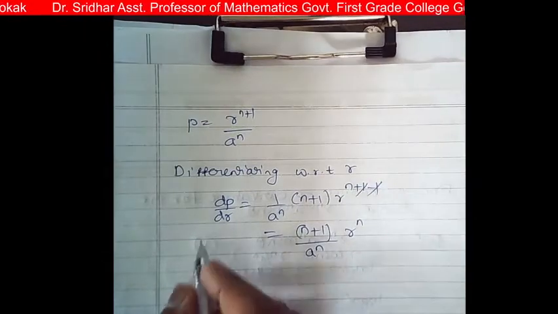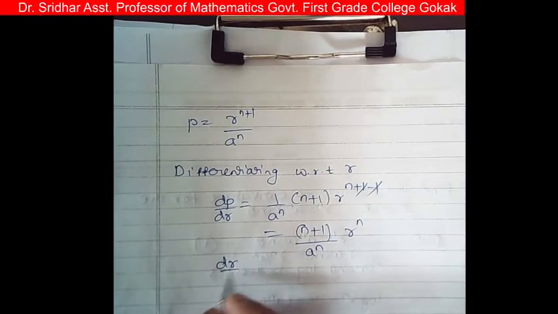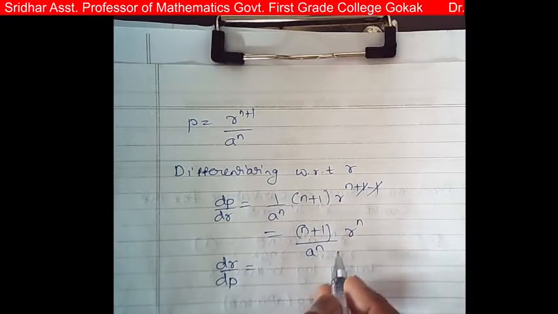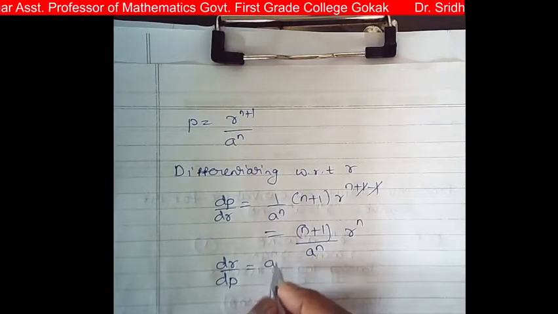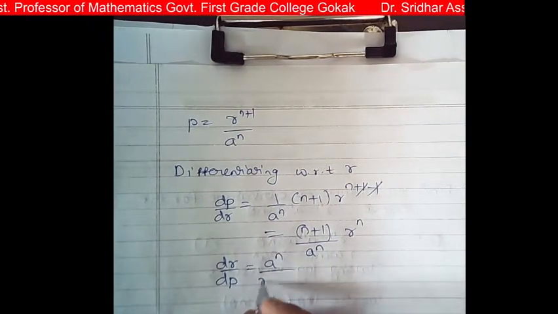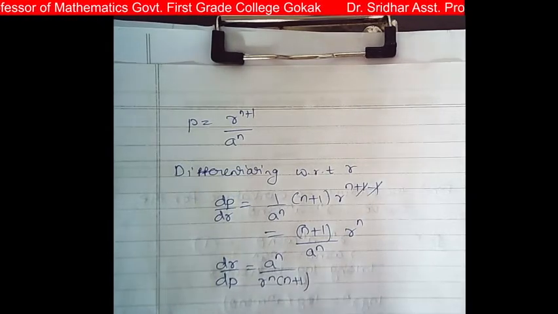Okay, so now reverse this. dr by dp is equal to a raised to n divided by r raised to n into n plus 1.